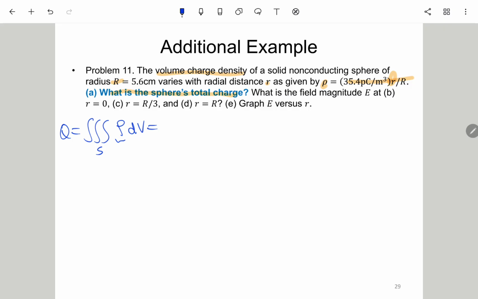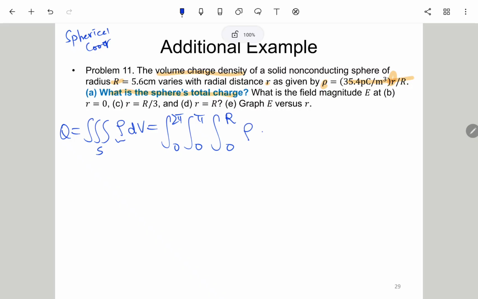We need to use spherical coordinates: integration from 0 to 2 pi, integration from 0 to pi, and then integration from 0 to capital R.